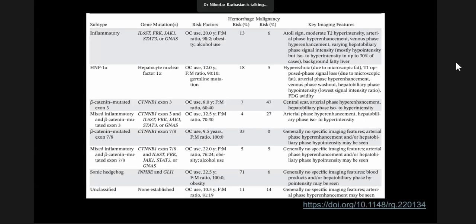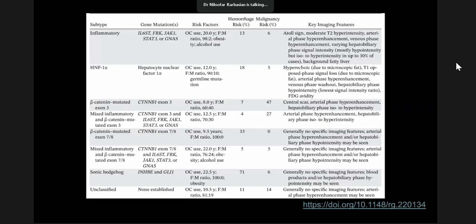This table goes over different flavors of adenoma, and this is a busy table. Just in summary, know that there are four big categories: inflammatory, HNF1 alpha mutated, beta-catenin, and mixed inflammatory and beta-catenin. These are some subtypes. And then Sonic Hedgehog and unclassified are basically the large groups. The inflammatory adenomas mostly happen in females.